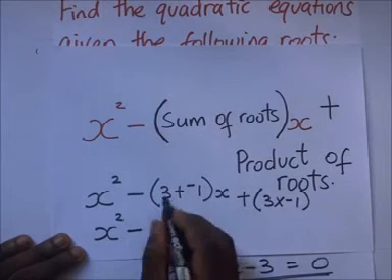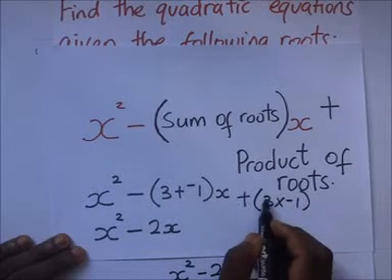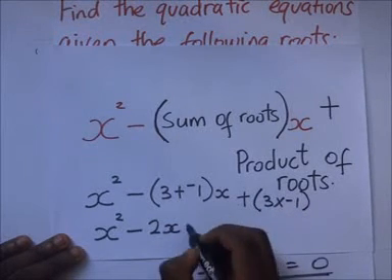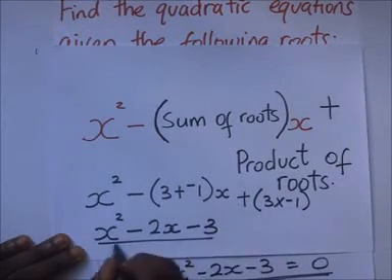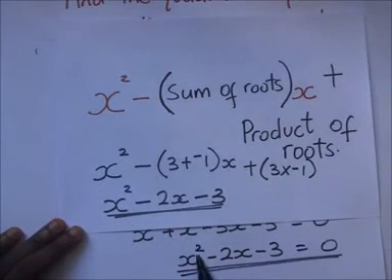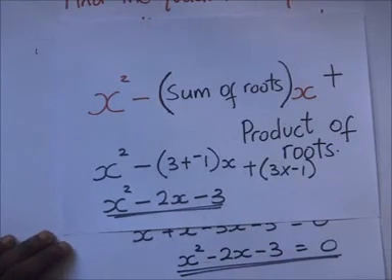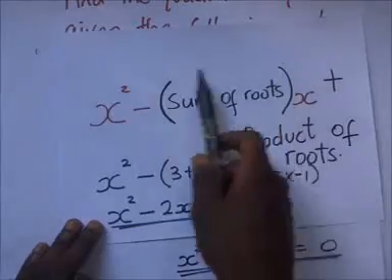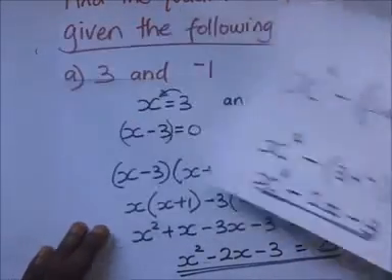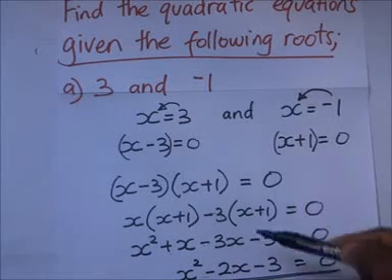So it's going to be minus 2x plus 3 times -1. 3 times -1 is minus 3, so it's minus 3. And you realize that x squared minus 2x minus 3 is the same as this, x squared minus 2x minus 3. So whichever formula you use, you can use this expression, or you can decide and work backwards like the way we have done in this video.